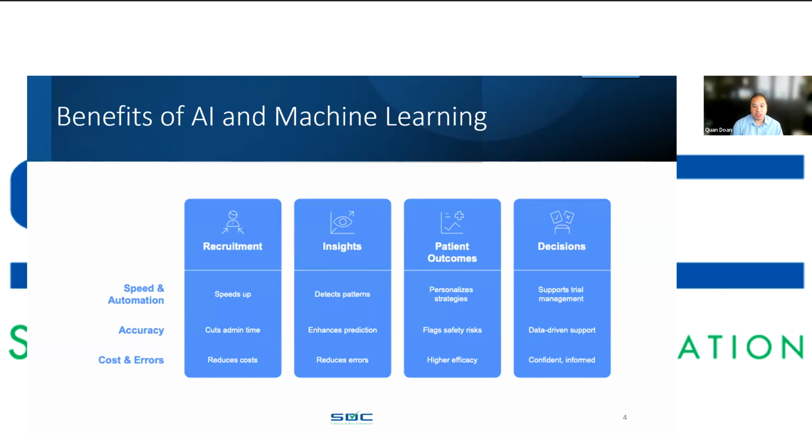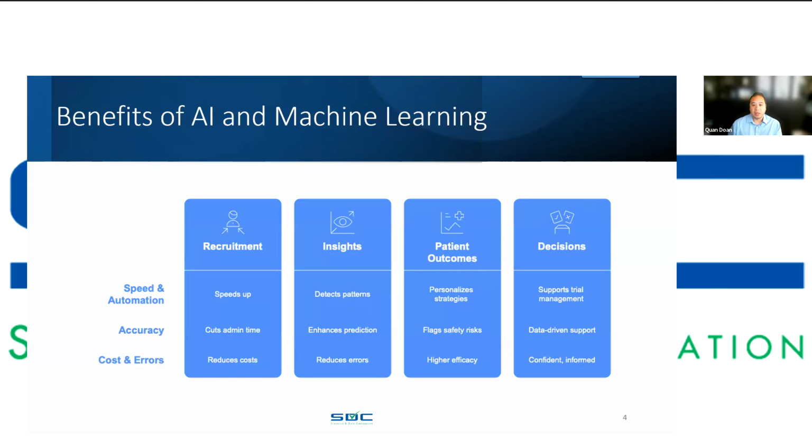Machine learning models can sift through vast data sets and identify patterns and correlations that may be overlooked by humans, because we do tend to have our biases, and we look at data in a way that's like, this is how I've always looked at it. I'm going to look for these types of errors and possibly miss other upcoming trends that you would see in the data, right? This results in more reliable insights, allowing researchers to make more informed decisions faster throughout the clinical trial process.